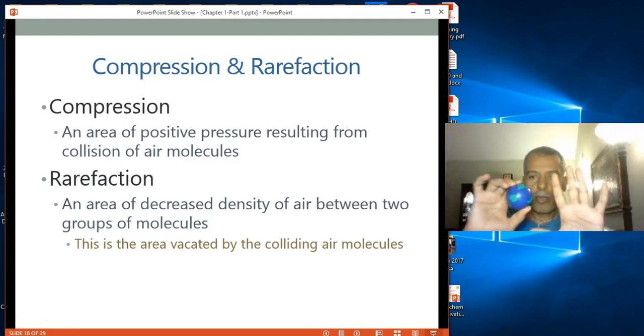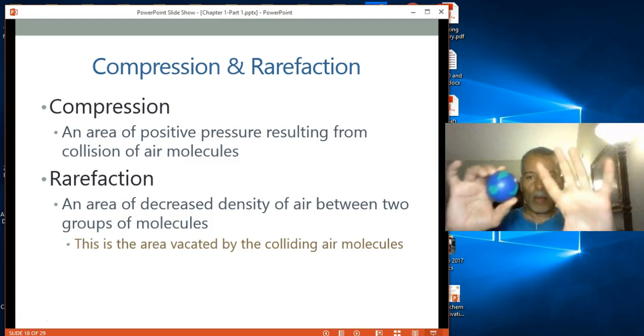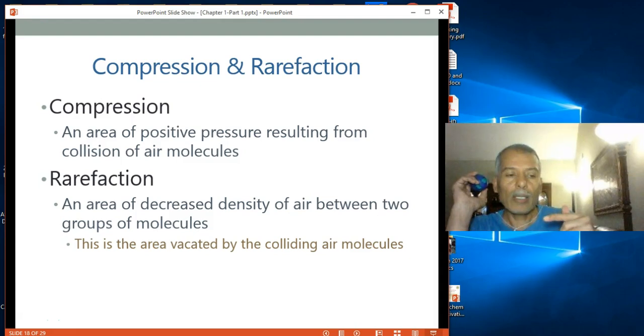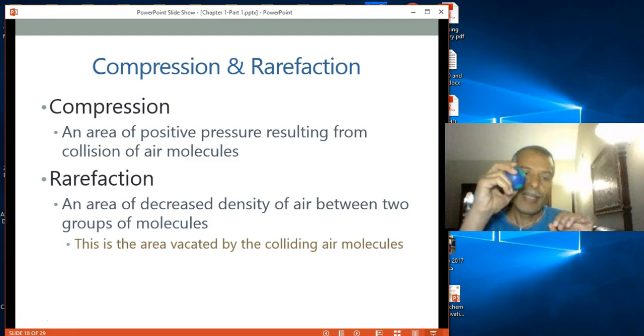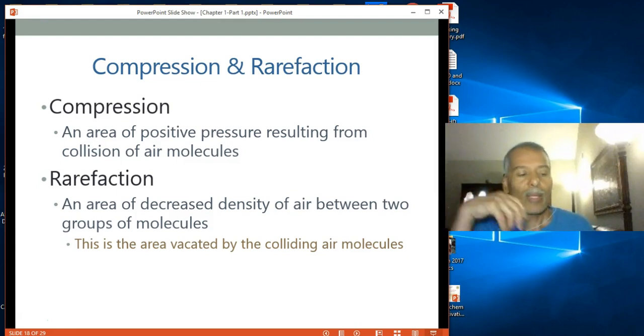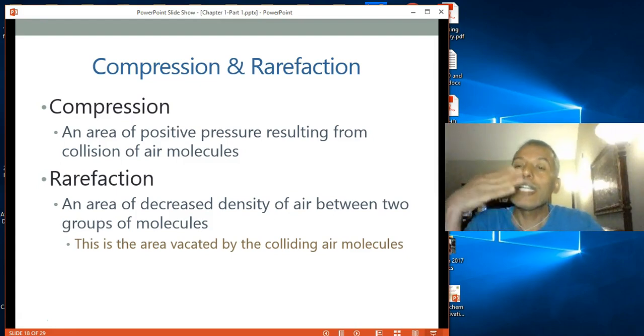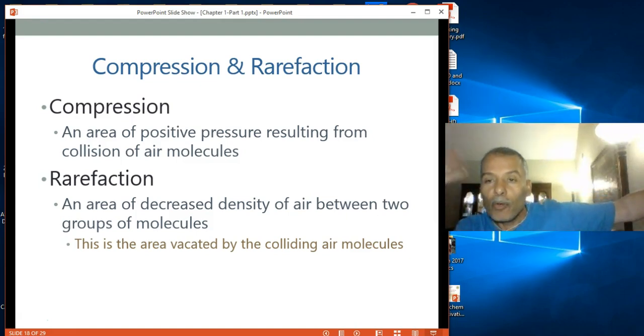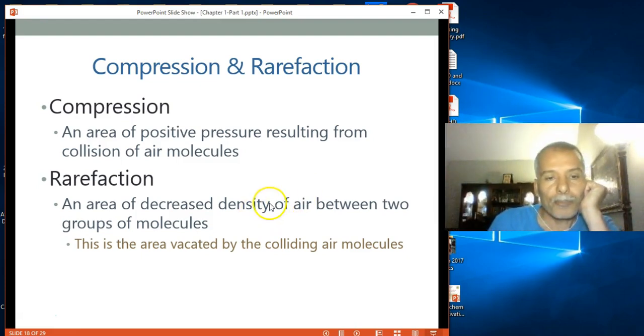That's going to move and hit another column, and then they are going to bounce back to me. That is repeated, like imagine dominoes that are lined up, and you hit, and then they start to bounce back. They hit each other, and they bounce back to where they were. So the molecules near me do not travel all the way down to your ear for you to hear my sound. No, each one is going to pass the sound to another, and will go back to where it started.